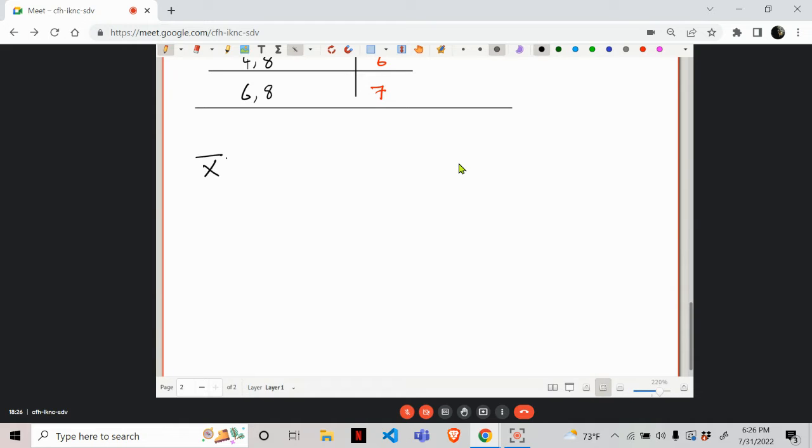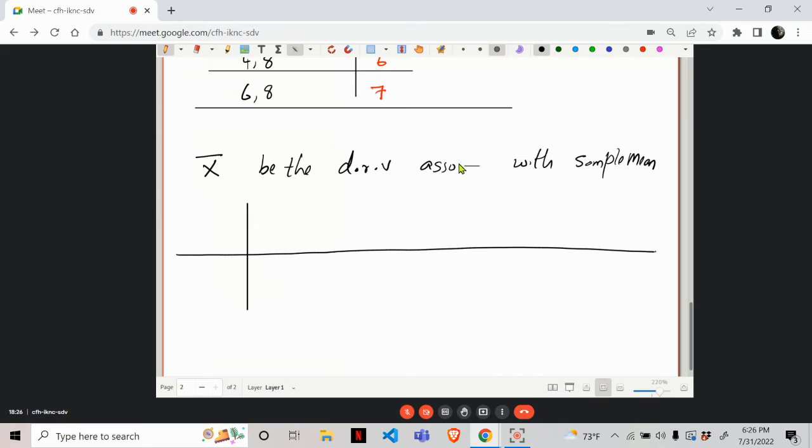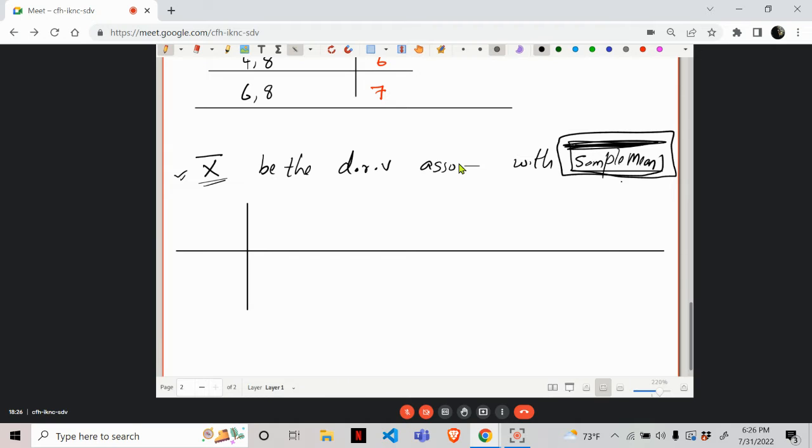Okay, now please write. Let capital X bar be the discrete random variable associated with sample mean. So we are going to convert the situation into a probability distribution. So what is capital X bar, Pravesh? Discrete random variable associated with sample mean.